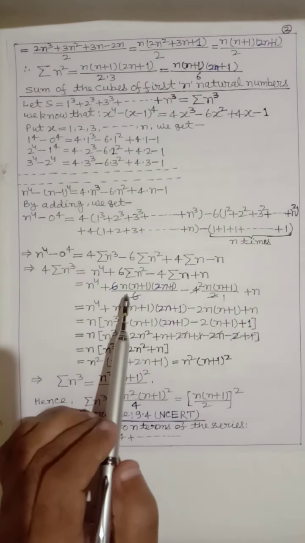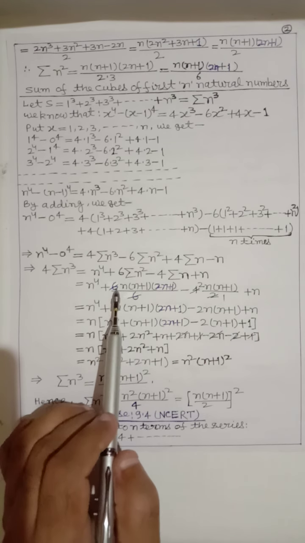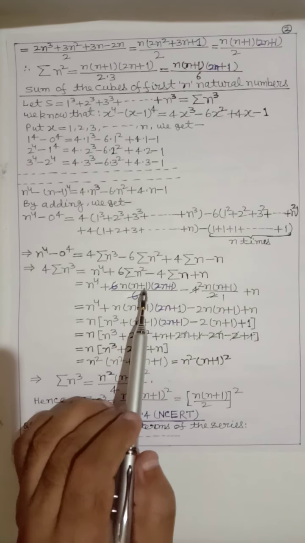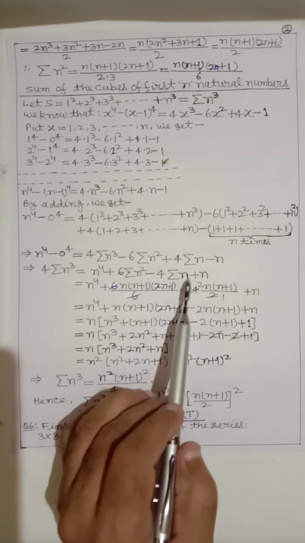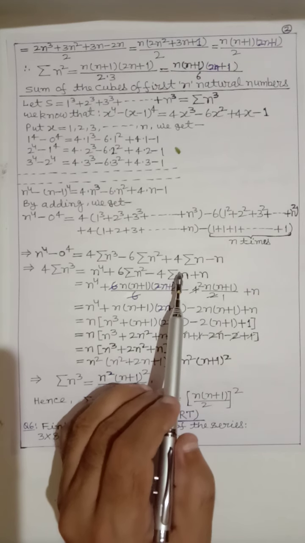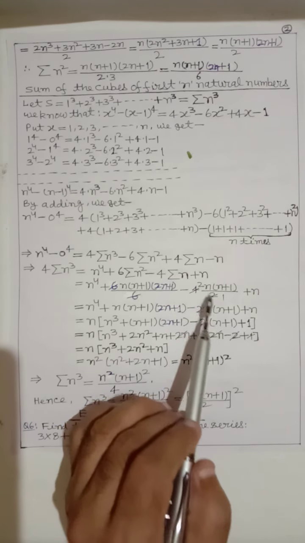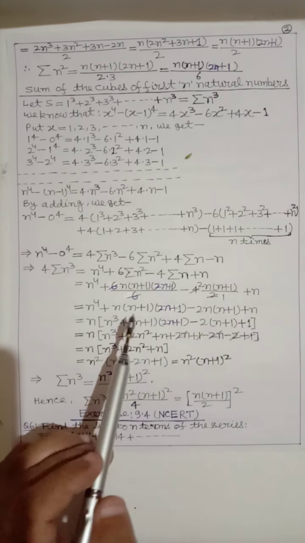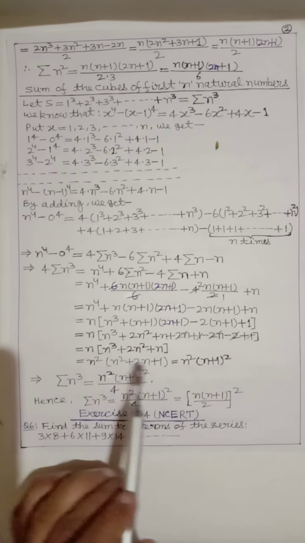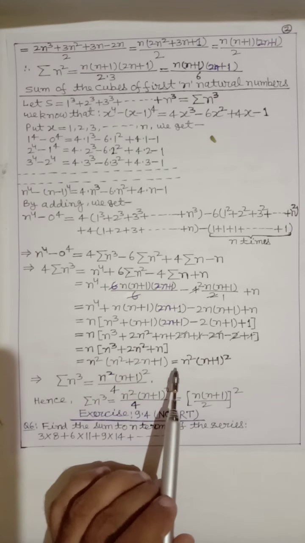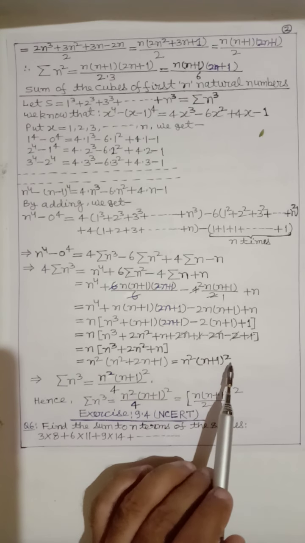So we put this value here, n to the power 4 plus 6 into n into n plus 1 into 2n plus 1 by 6 minus 4 into, this is the sum of first n natural numbers, so we put the value n into n plus 1 by 2 plus n, and here we solve this. You can easily understand, that is no problem, and finally we get this is equal to n square into n plus 1 whole square.